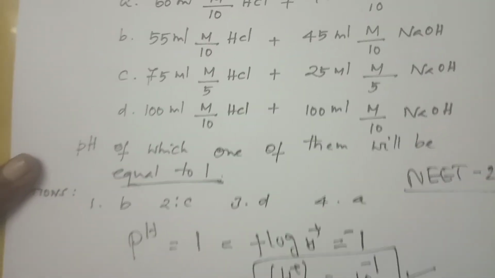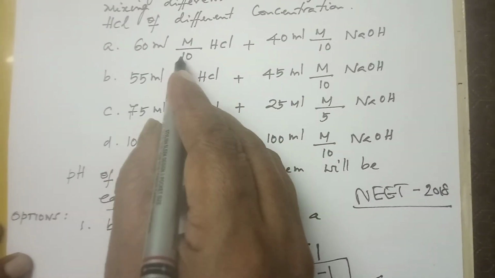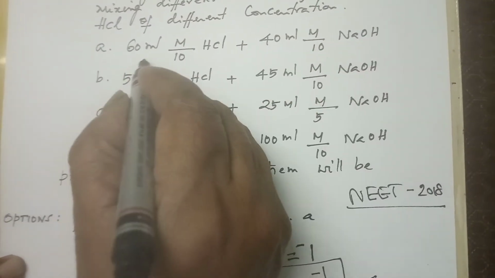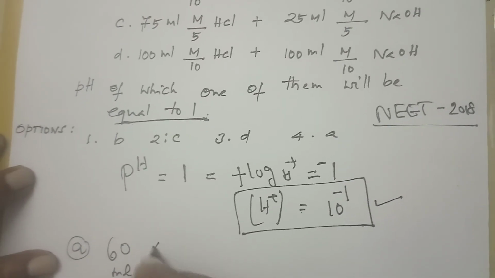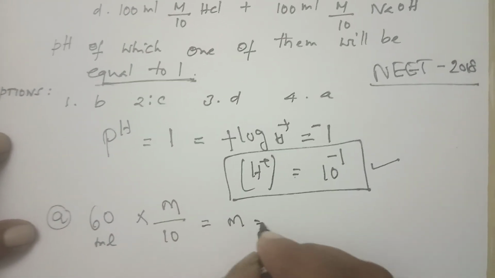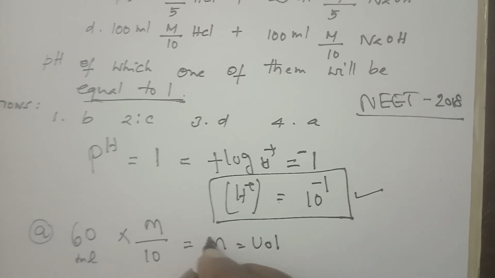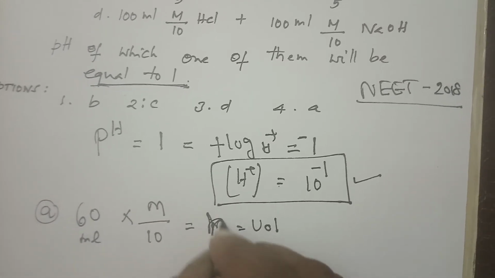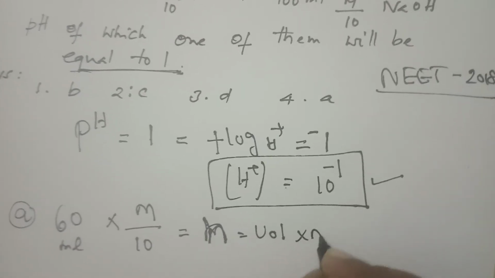I am doing solution A first. Given is hydrochloric acid, some volume: 60 ml with concentration M by 10. Number of moles is equal to volume into molarity.